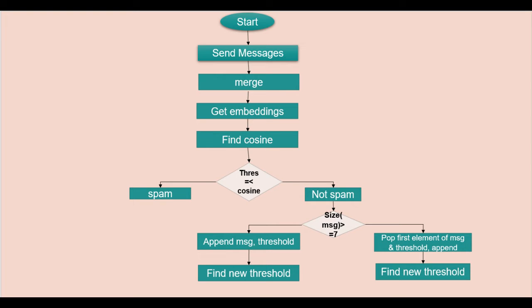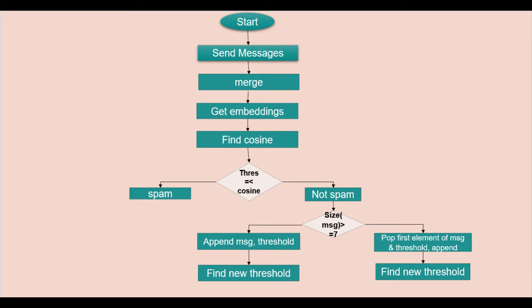Now, the task is to get vector embeddings by passing the merged message and also the current message through SentenceBERT. Then we find the cosine similarity between the two vector embeddings. If the cosine similarity is greater than the threshold, we consider it relevant and not spam and mark it as green.